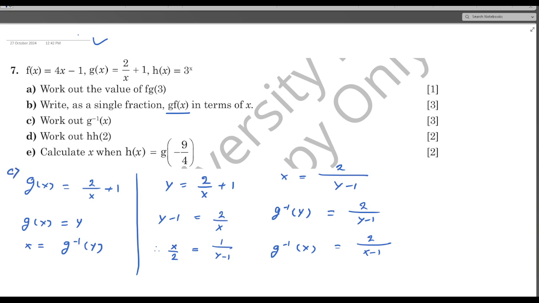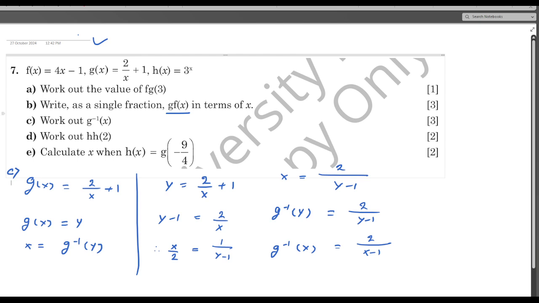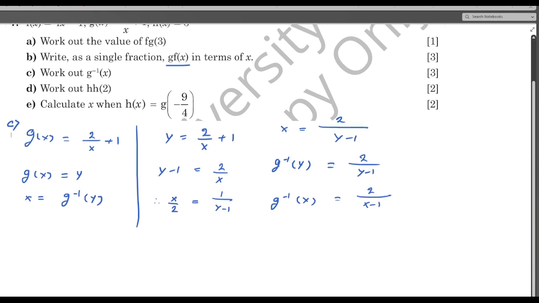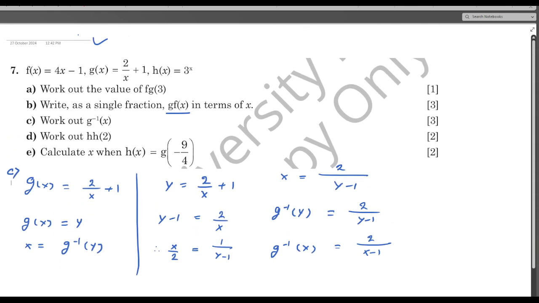Now D, work out h of h of 2. So h of h of 2, now h of x is given 3 power x.